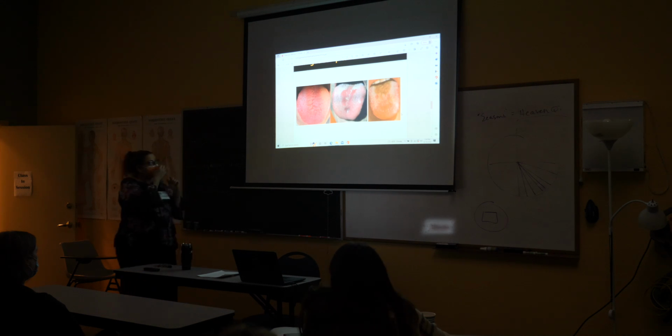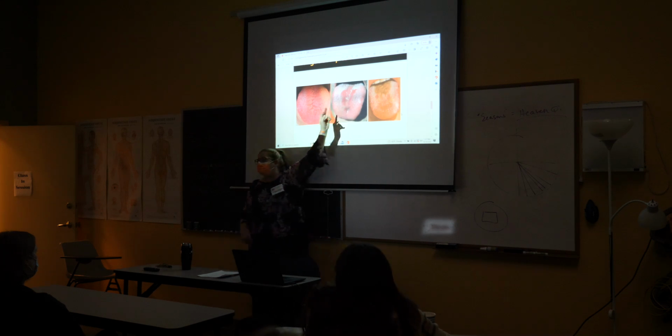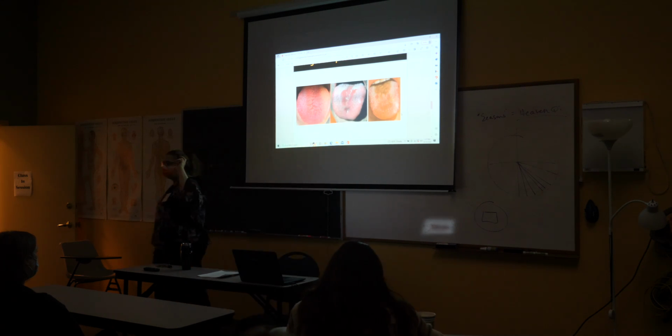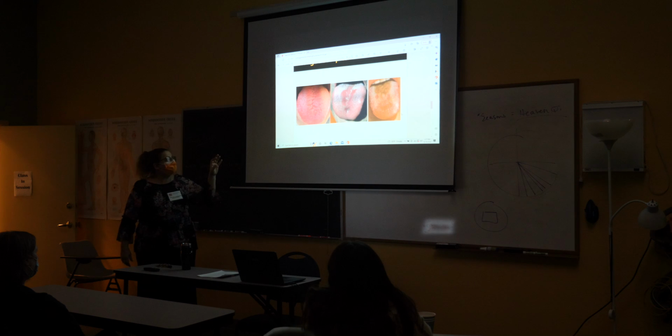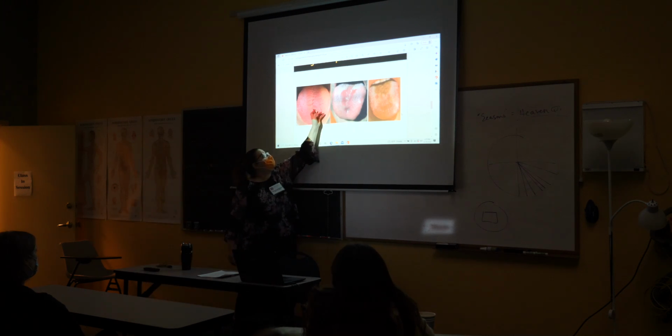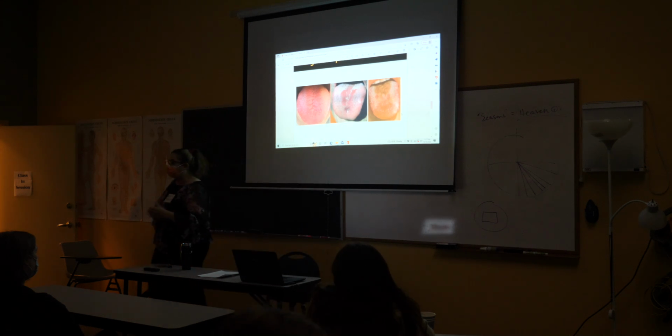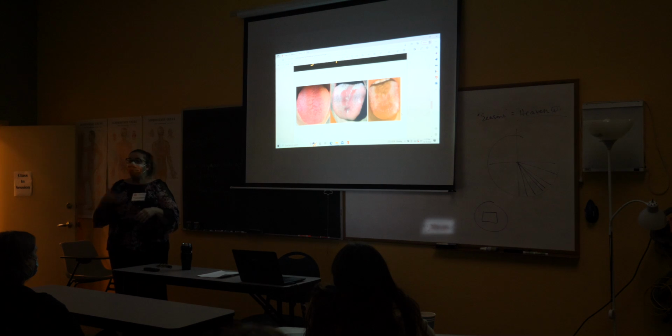Do you remember what area of the body is represented in the middle of the tongue? Stomach. The stomach, spleen. So this person has what we call stomach yin deficiency. And it can be caused by a variety of things.